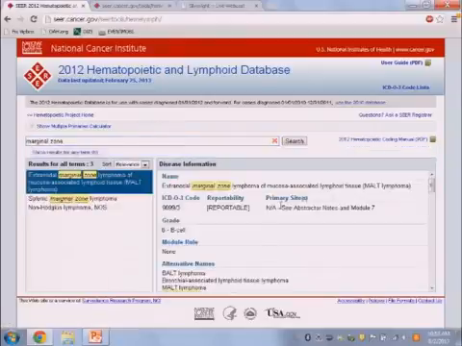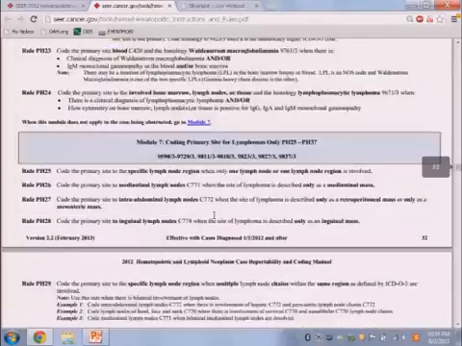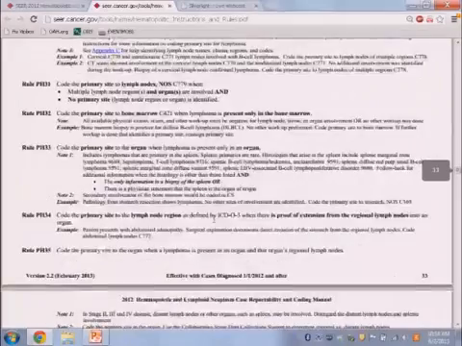So for marginal zone, we're coding primary site and histology, right? Primary site says NA, see abstract notes on module 7. There's not a module rule, but there are some notes about coding the primary site. So let's go to Module 7. Here's Module 7. There should be some notes here.